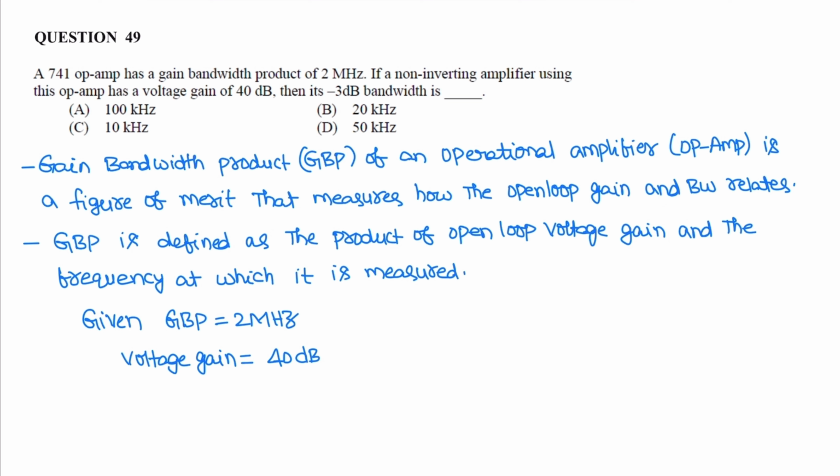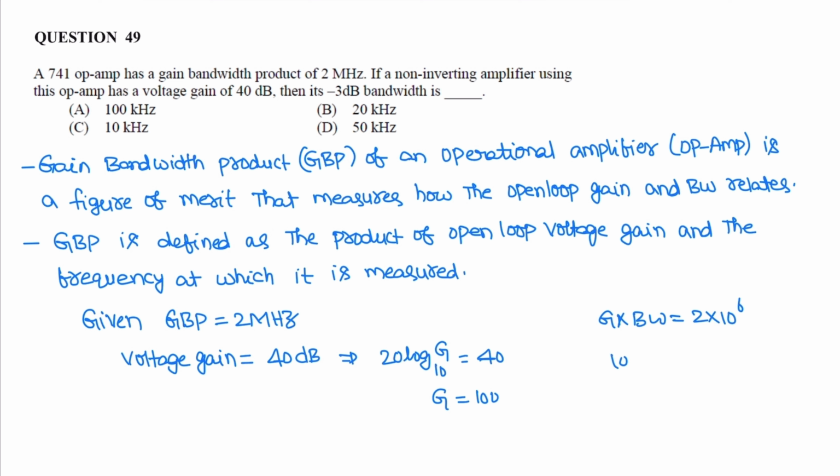The gain bandwidth product is 2 megahertz and voltage gain is 40 dB. So voltage gain is 40 dB means 20 log of gain is equal to 40 dB. Now gain is 100. So given gain bandwidth product is gain into bandwidth, 2 into 10 power 6.